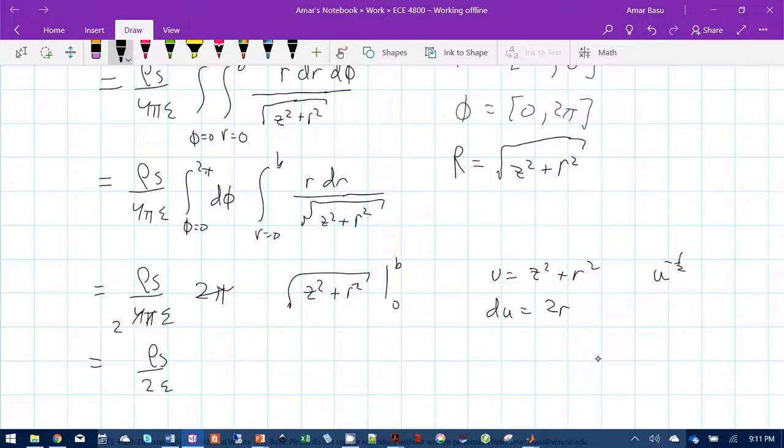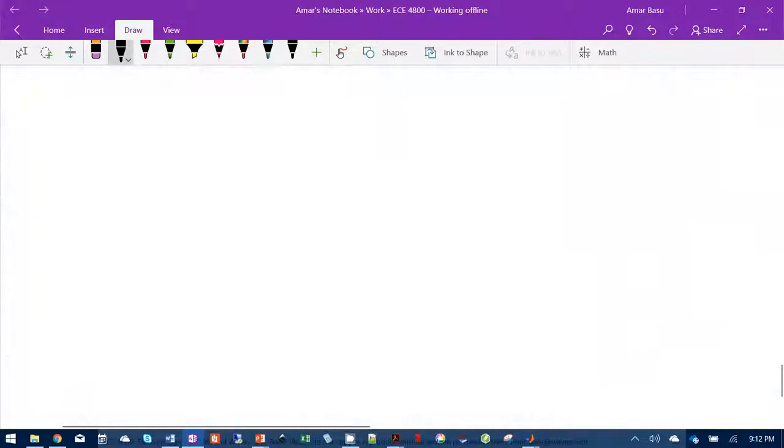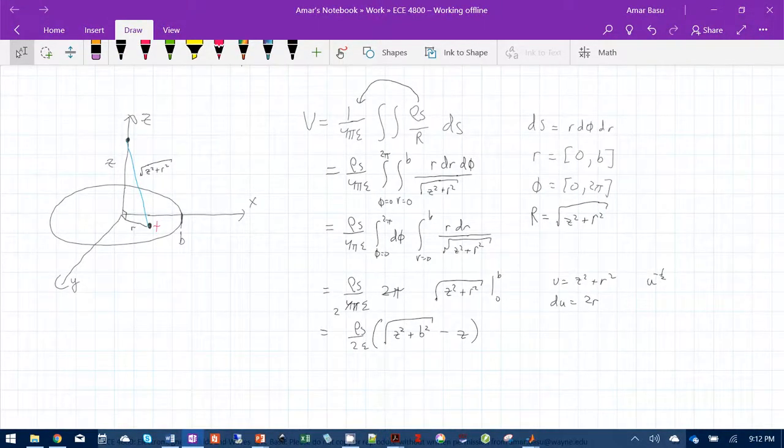You're left with the square root of z squared plus b squared minus, the next term, you're subtracting the 0, so it's z squared plus 0 squared, so you're left with the square root of z squared, and then this is just z. Okay, so this is the scalar potential from a disk.